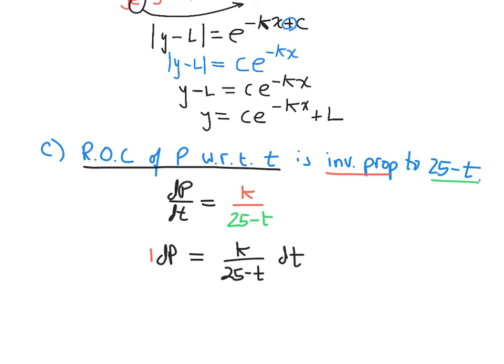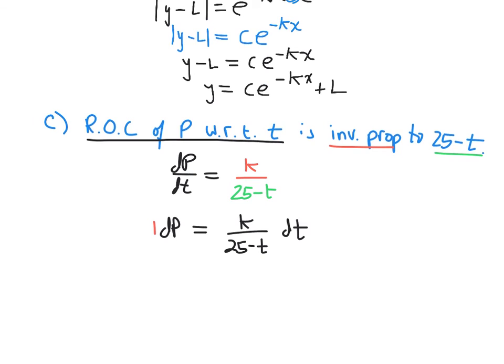So I have a negative in front of the t. So I'm going to factor out a -1 while I integrate. So left-hand side will become p. I'm going to pull out a -k.